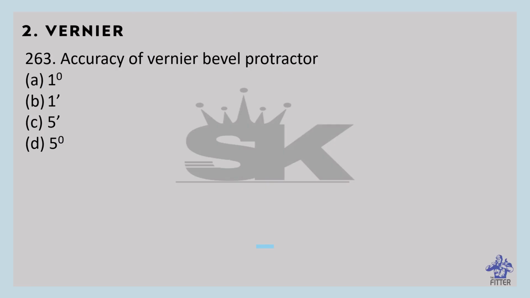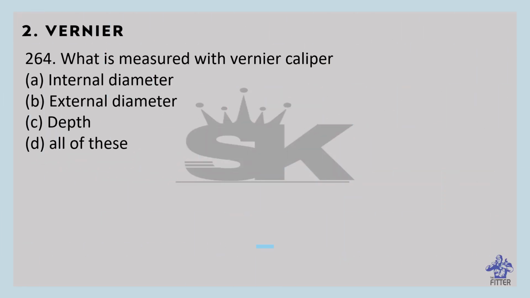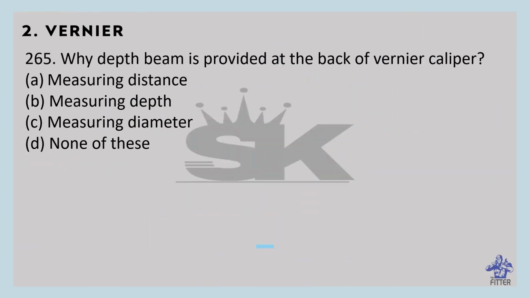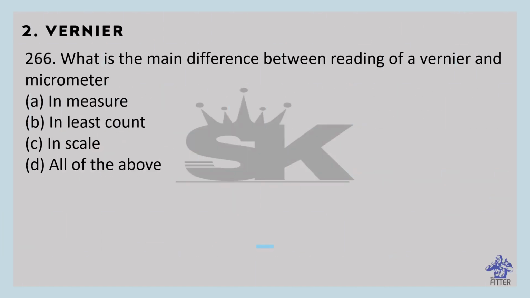Accuracy of vernier bevel protractor. That is 5 minutes. Okay. What is measured with vernier caliper? So vernier caliper is measuring internal and external diameters and depth. Okay, so all of these. Wide depth beam is provided at the back of vernier caliper, so to measure a depth. Okay, what is the main difference between reading of vernier and micrometer? So that is option B, least count.